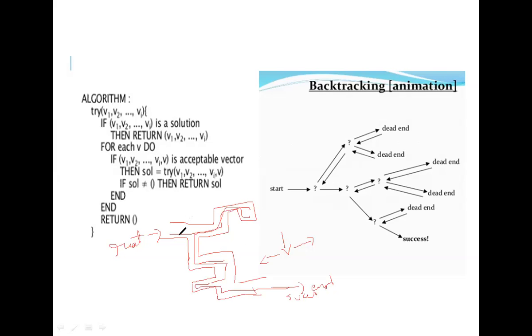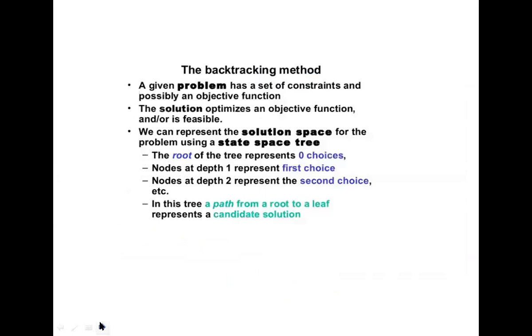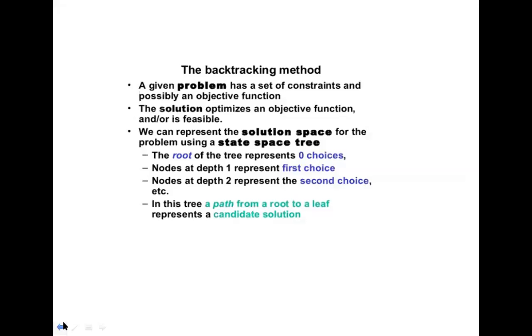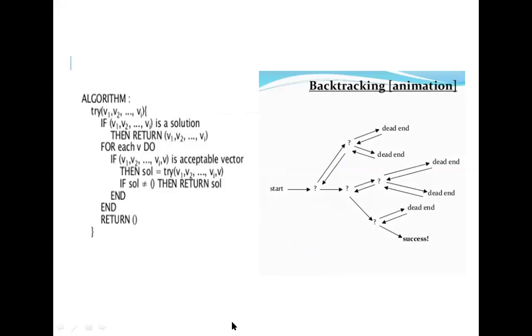So for this, we have some examples of backtracking. The first example is decision making.